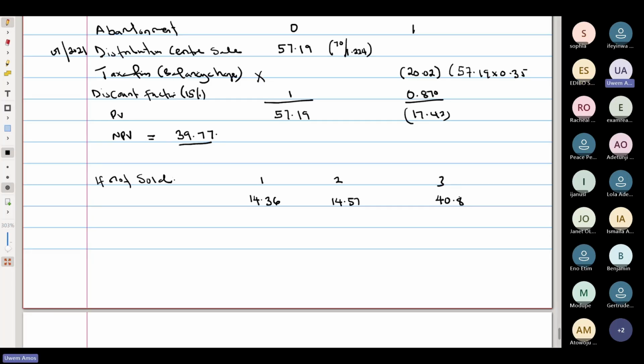So we'll continue to enjoy all of those cash inflows because we didn't abandon. But now we must discount. Strategic financial managers, we must always discount. We must always find the time value of money. So let's discount.